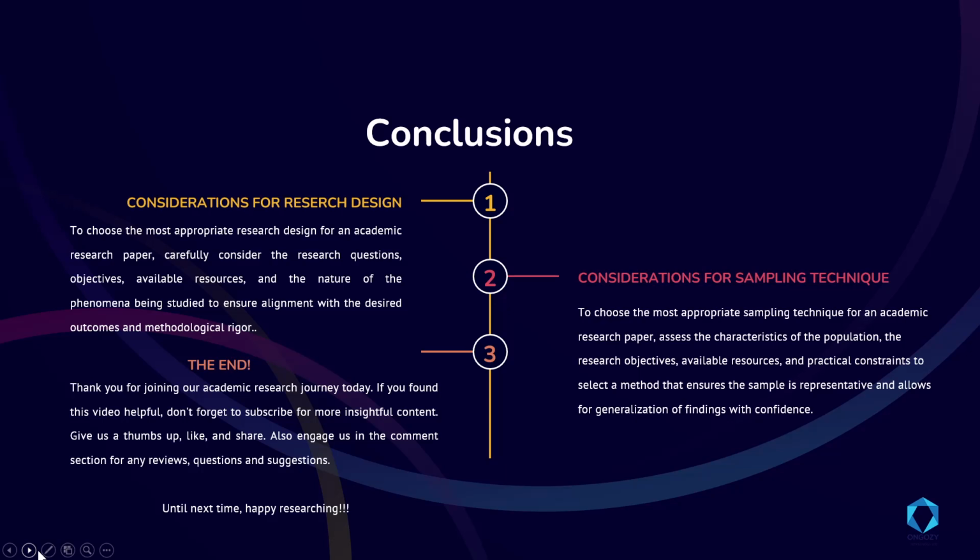Then consider the most appropriate sampling technique for an academic research paper. How? By assessing the characteristics of the population, the research objectives, available resources, and practical constraints. All right? Make sure your sample is representative and it allows for generalization of the findings of your study with confidence.